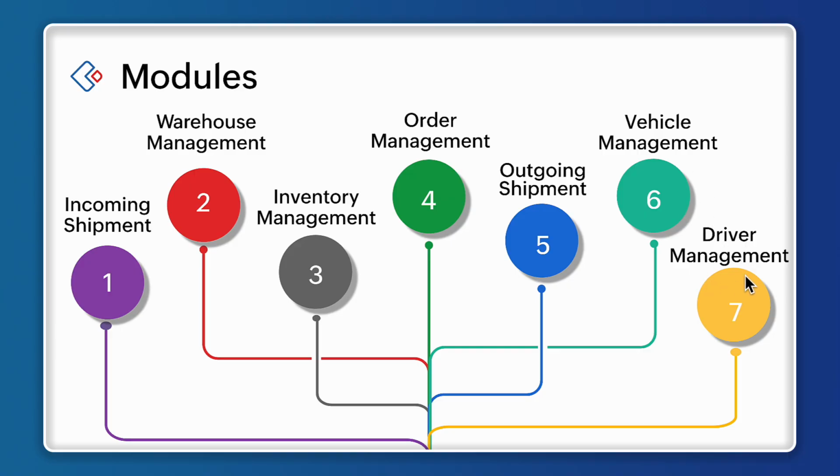And then the driver management. Driver management is someone who will be delivering the products to the customer's place, right? So these are all the different modules that we have brought. So in one single application, we have unified all the different processes.